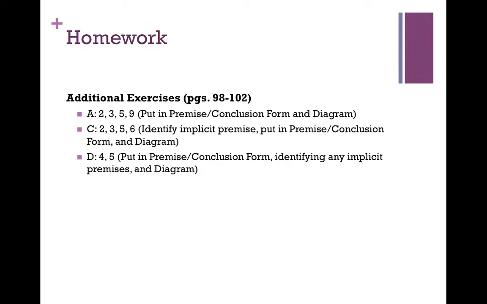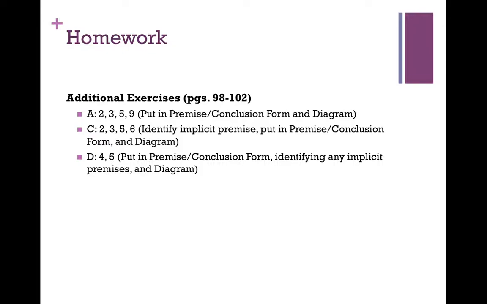When we're doing really simple arguments, we could just list the propositions as we first came to them and then diagram them, and that was okay. But if you're going to put it in premise conclusion form, if your numbering is not square with your diagram, then it'll just be really confusing. So first put these arguments into premise conclusion form, then diagram them.